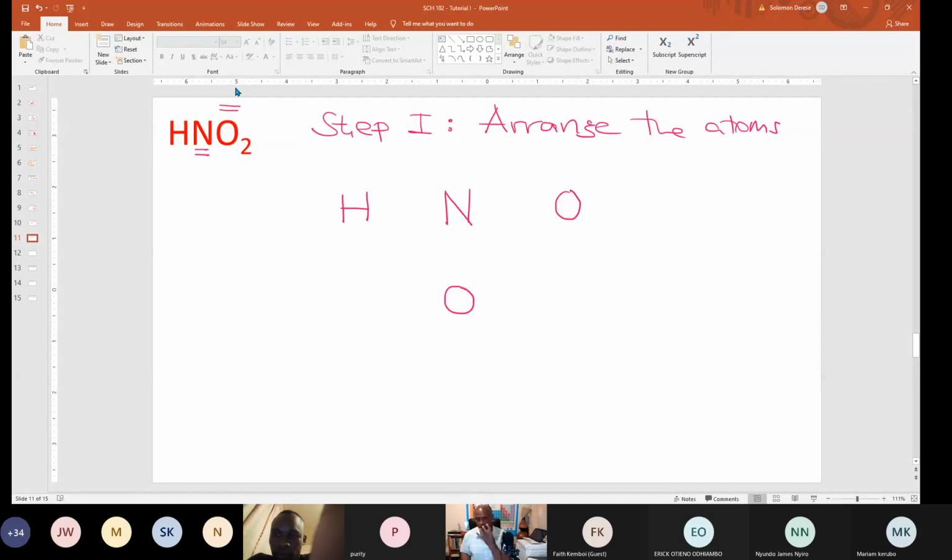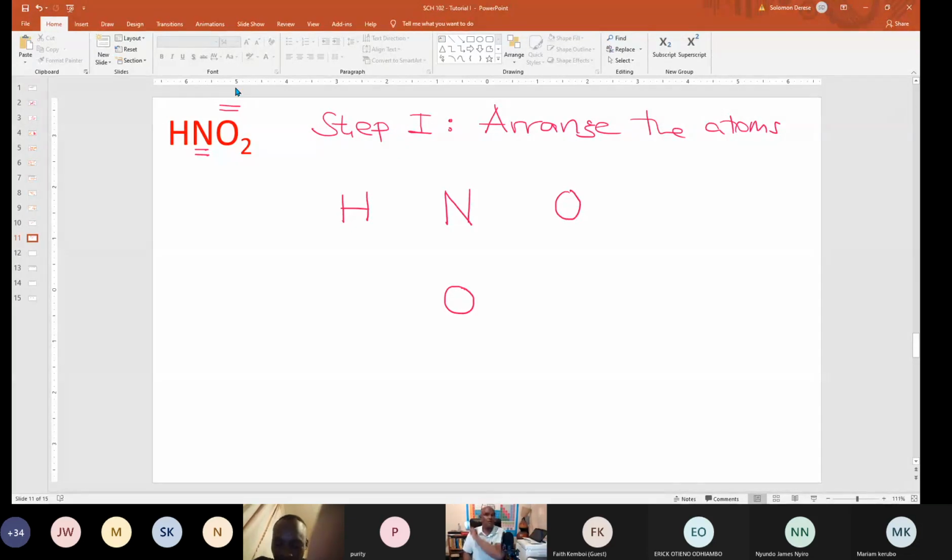It does not say that they should be surrounded by the maximum number of bonds they form. It is saying, as a first approximation, when you are arranging the atoms, they should not be surrounded by more than the number of bonds they usually form. It is possible they can have less.